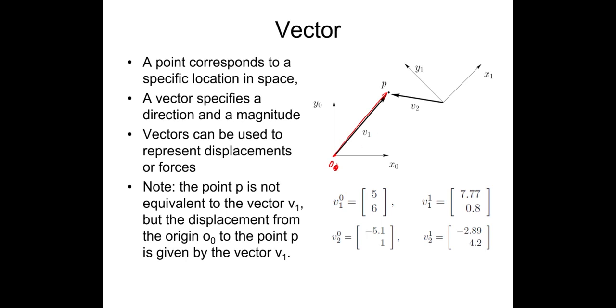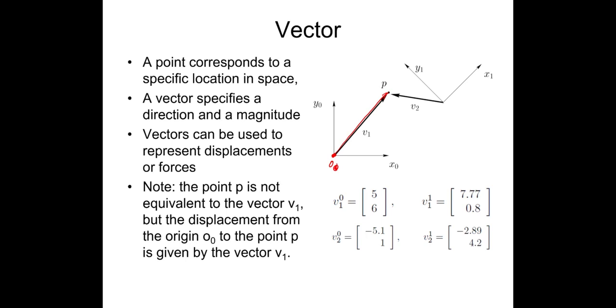So that is the displacement from the origin O0 to P. So point P and vector V1 are different, although the values may be the same.